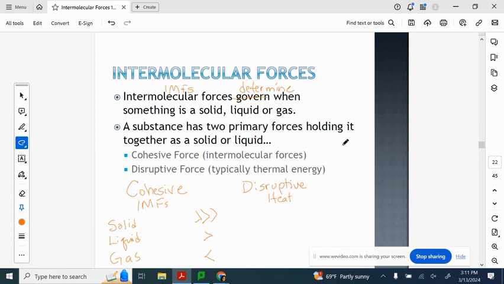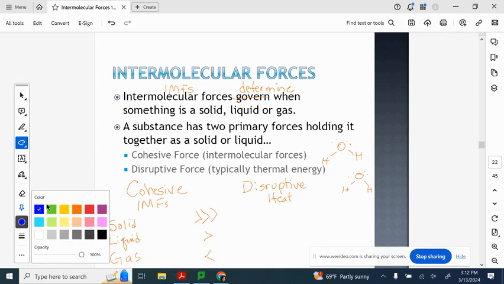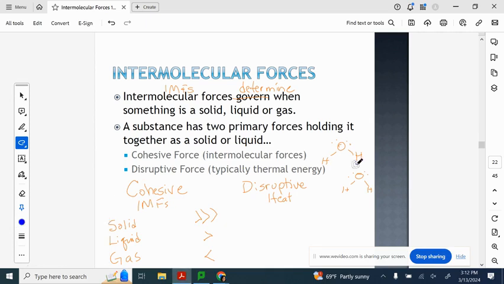So if we're talking about water, for example, okay, here's your water molecule. When you have a solid, you're going to have that force of attraction between those be very, very strong. Okay?